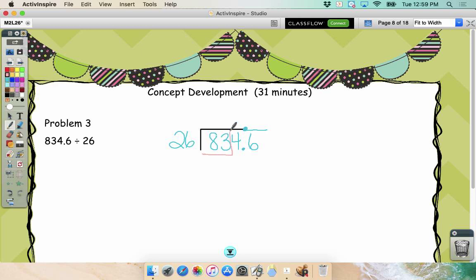Under the 4. Oh, 83, okay? Will 26 go into 83? Yeah. Okay, so are we going to think of this as 30 or are we going to think of it as 25? 25. So 25, 50, 75. How many times do you think it'll go into 83? 3 times. Okay, so I'm going to try 3.